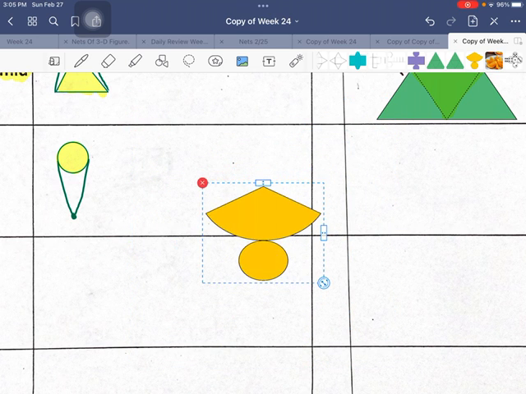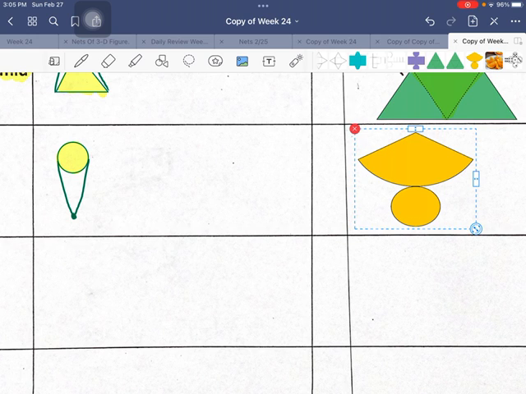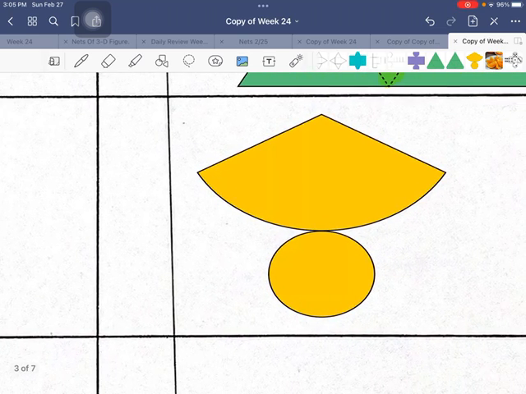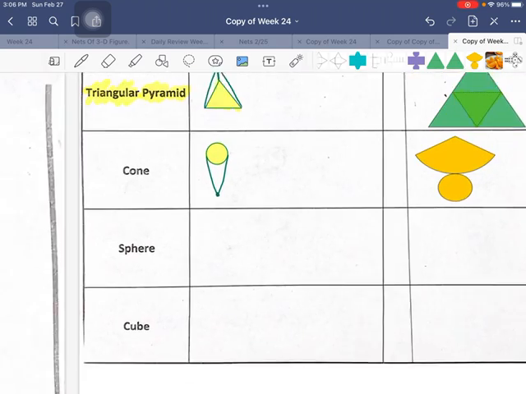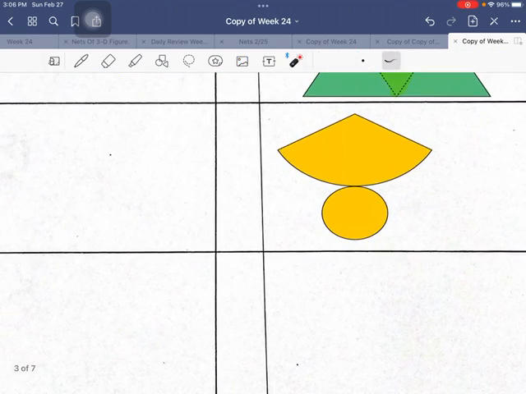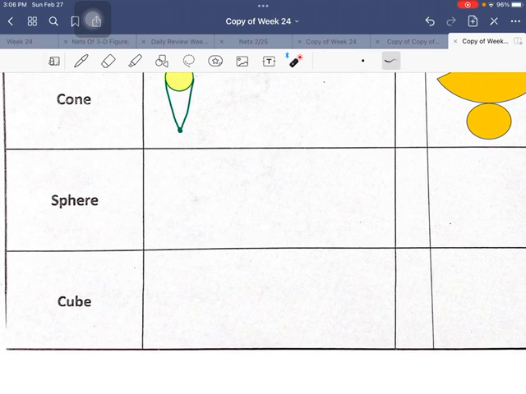Just make it a little bit smaller para que quepa. Usually the net is just a little bit more than 1/4 of a circle. And that's how it looks like. It looks pretty cool. And again, the circle is the base.